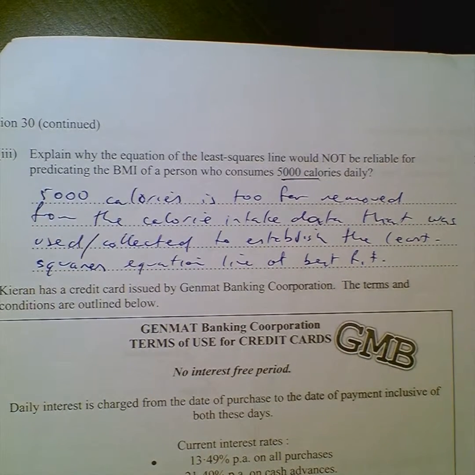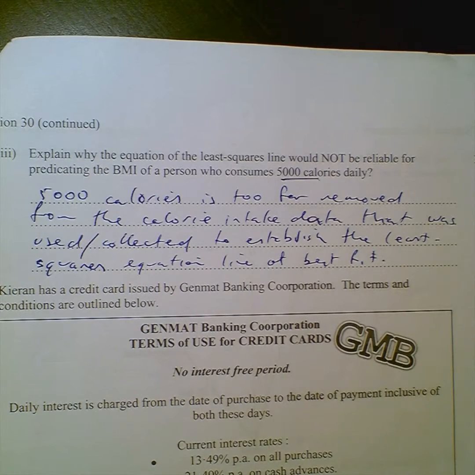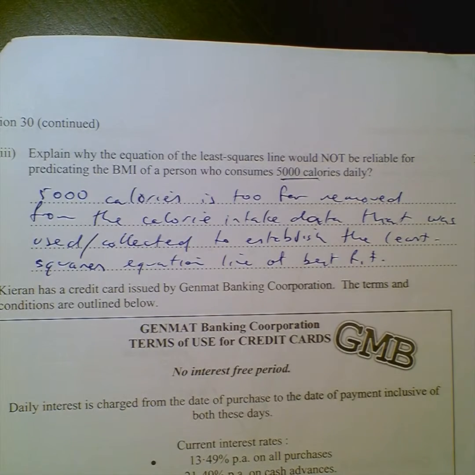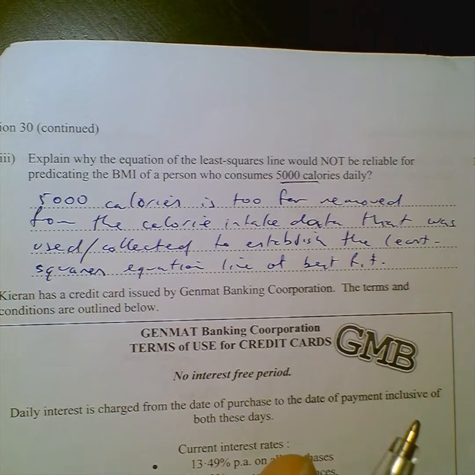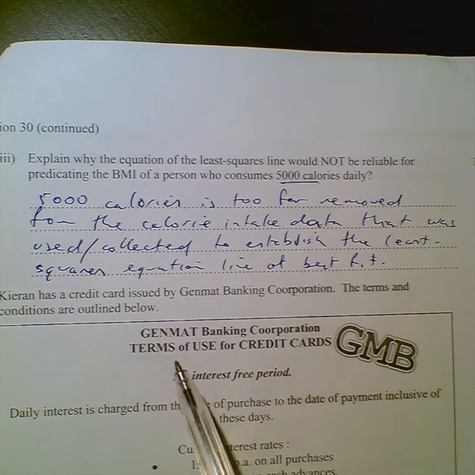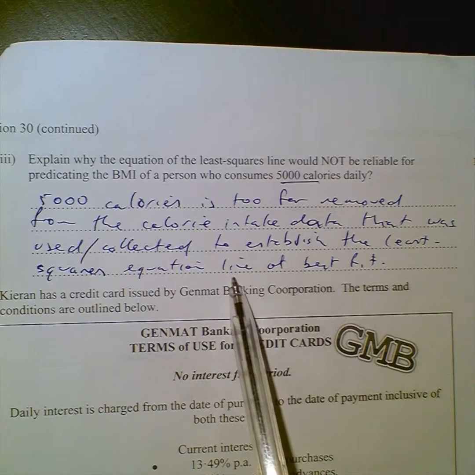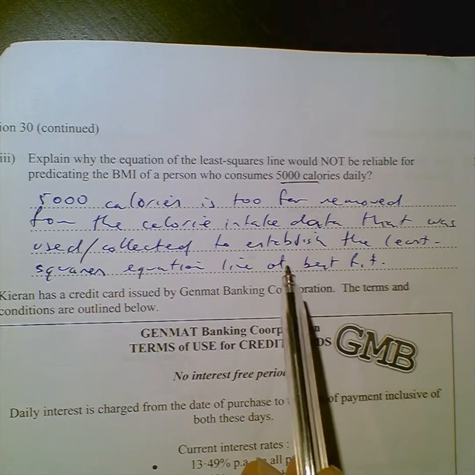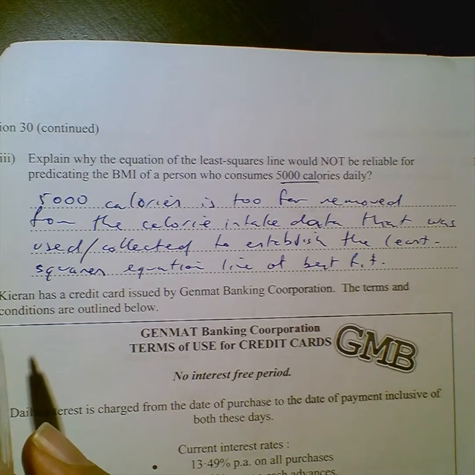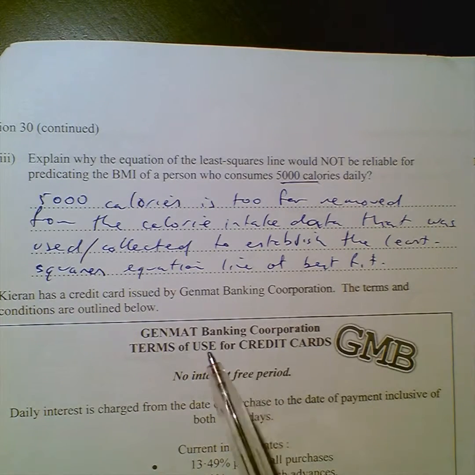Okay, so basically what you need to indicate here is that you recognise the fact that the data used is limited, and so therefore the equation that you've established earlier is based on data that goes from only up to 2,800. So it's going to be a very big assumption to assume that the trend will continue up to 5,000 calories.